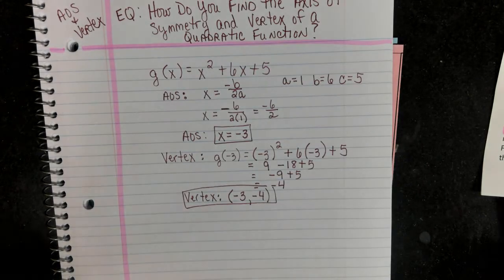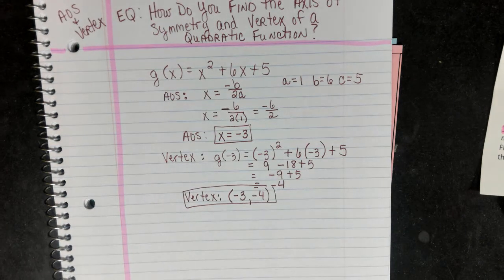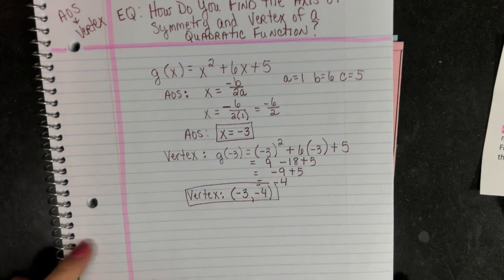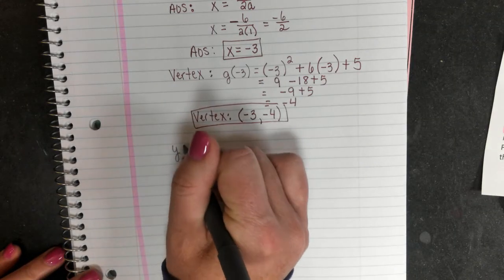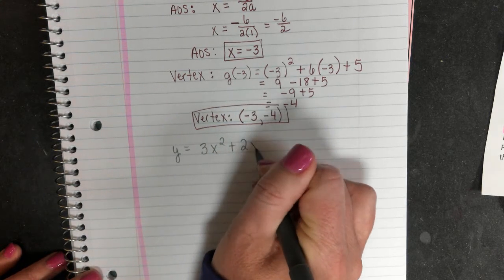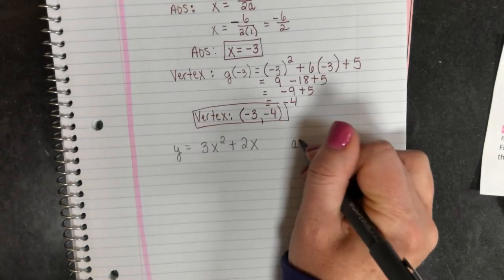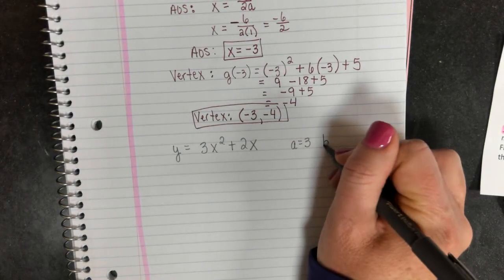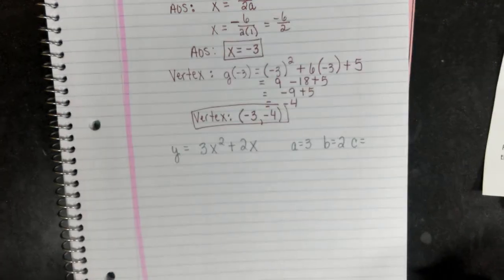Okay, let's do another one. Do one that's a little bit harder maybe. I'm going to do y equals 3x squared plus 2x. Okay, my a value is 3, my b value is 2, and my c value is 0.